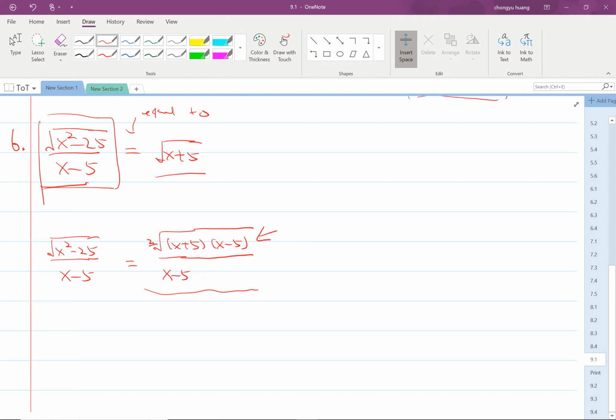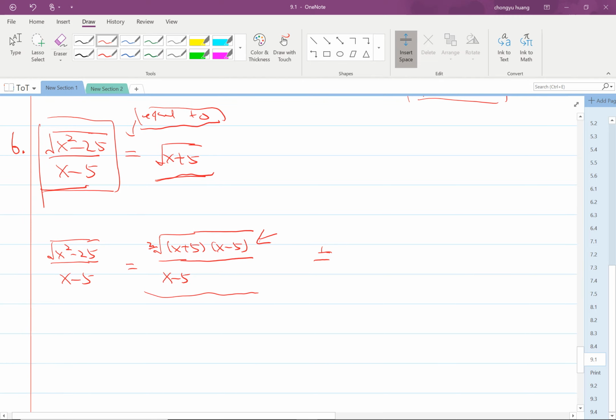So you already solved this problem into the simplest form. And the statement over here says it is equal to this, but it's actually not equal to the square root of x plus y.